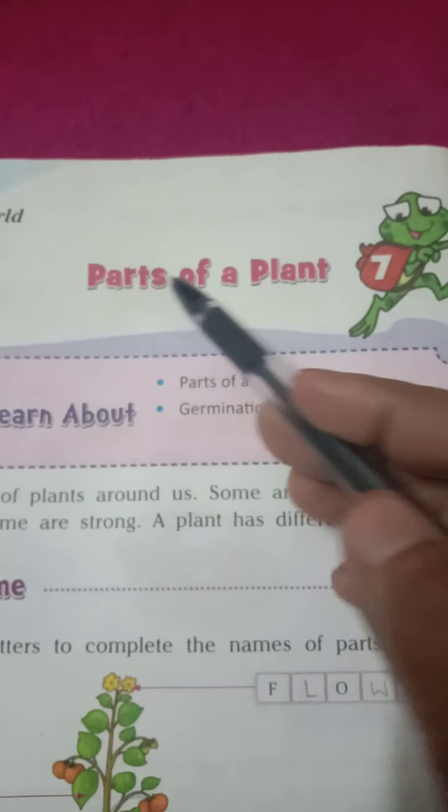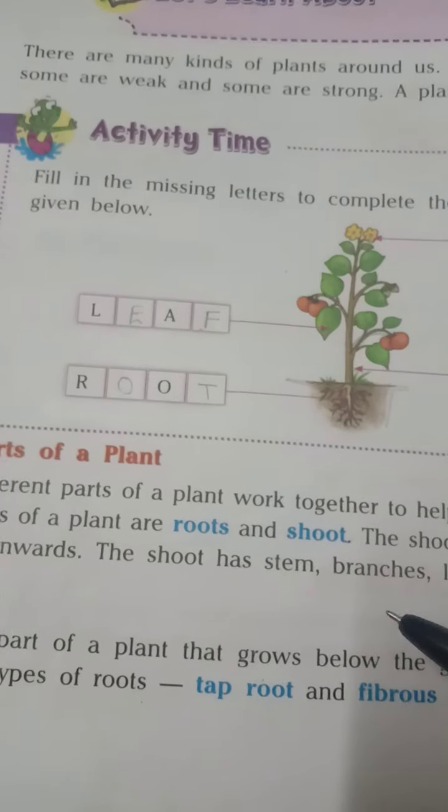Today we will learn about roots, like what roots are, types of roots and functions of roots. Now let's start. Student, lesson 7, parts of a plant. Today we will learn about root.